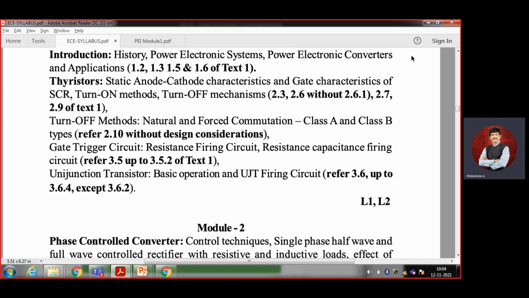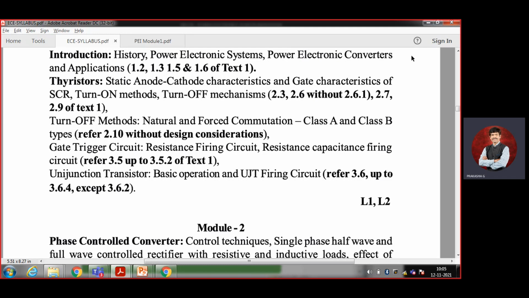With respect to that, when you look into the syllabus, I'm still in the first part only. See, there are turn-off methods, or before that, turn-off mechanisms. Here, turn-on methods we have already checked. Turn-off mechanism is clearly mentioned in the textbook. What we are using is textbook sections 2.3 and 2.6.